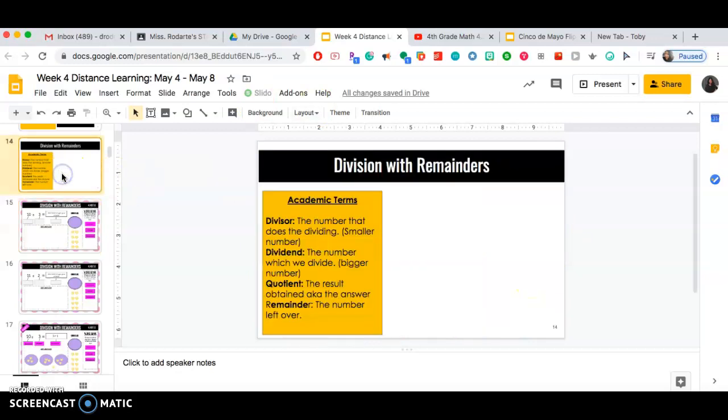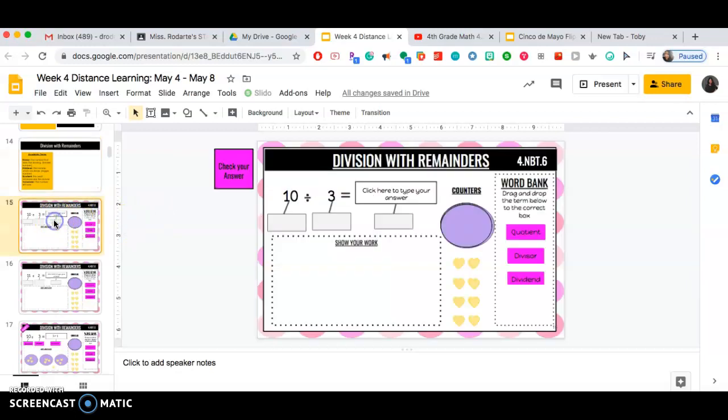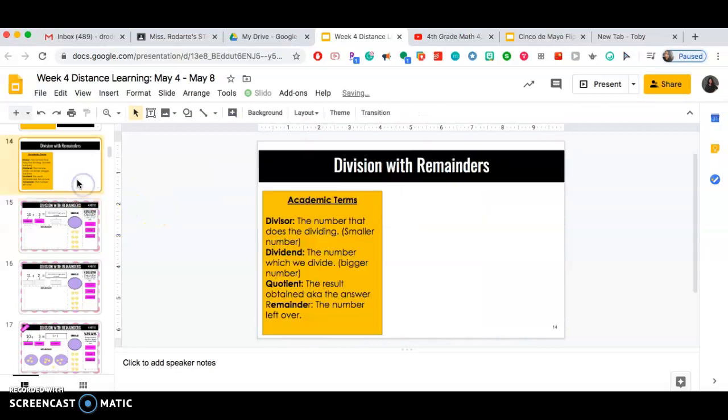And so if we go back to our first academic term, which is divisor, the number that's doing the dividing, or often the smaller number. So it's the number doing the dividing, and it's the smaller number. So it's not going to be 10 because 10 is bigger than 3. So I know my divisor, the number doing the dividing, is 3, which makes 10 my dividend. 10 is going to be my dividend, and if we go back to our term, dividend is the number which we divide.